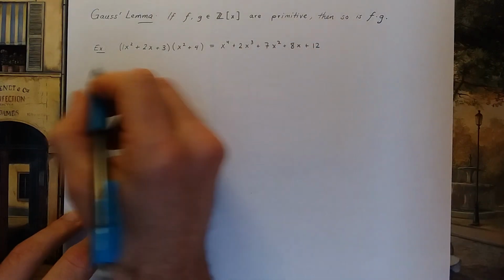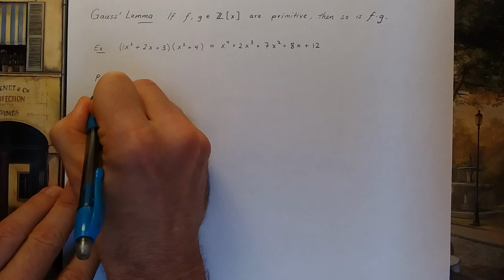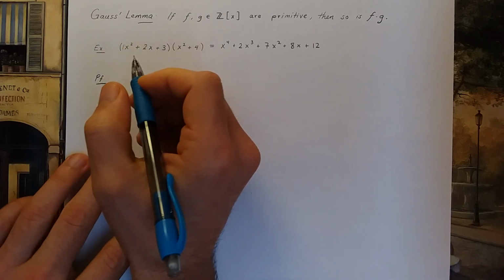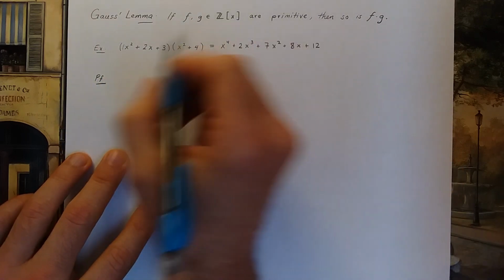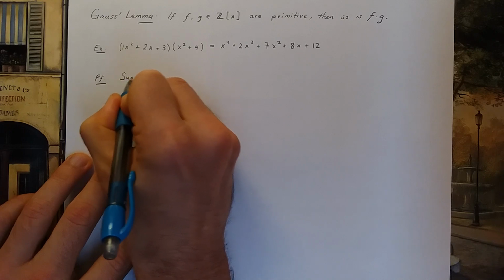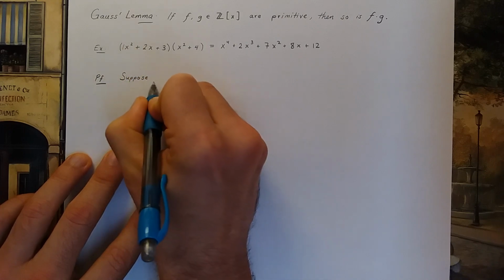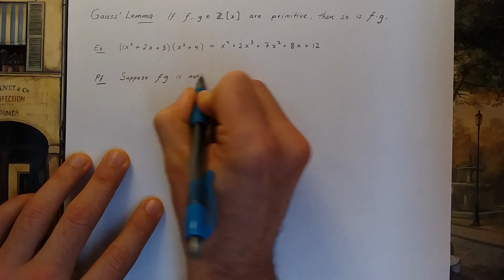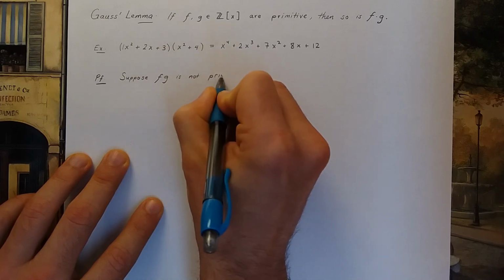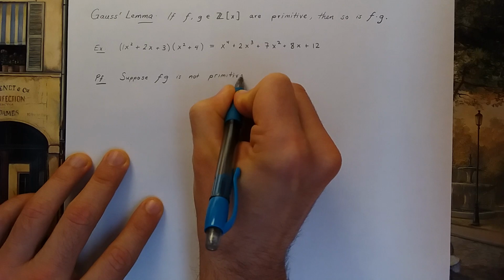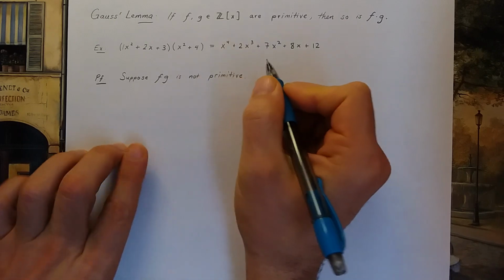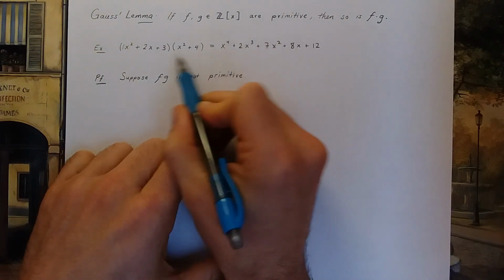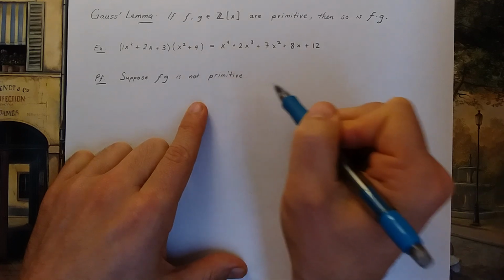Okay, so let's prove it. I'm going to prove this by contradiction. So I'm going to suppose that my product FG is not primitive. That means there's some constant that divides every coefficient.